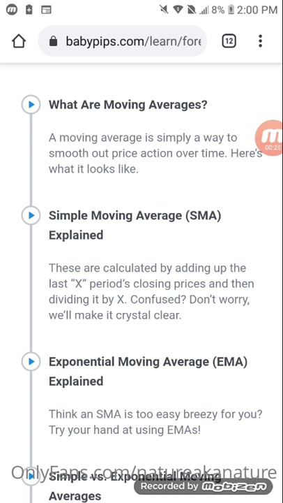Alright, since we already ran over all the Japanese candlestick patterns, all the chart patterns, just all the basics of what to expect and how to trade in Forex, we have to basically talk about the technical indicators that can help you more.